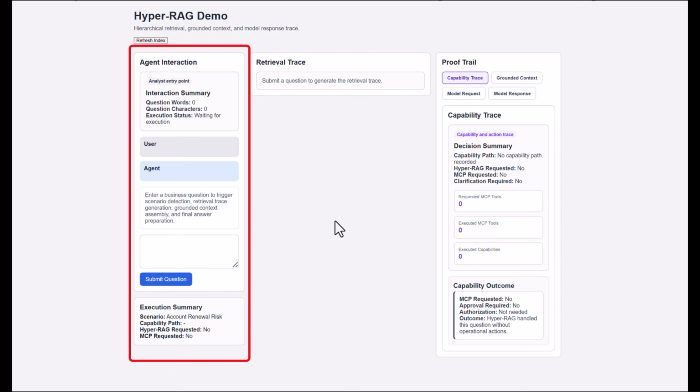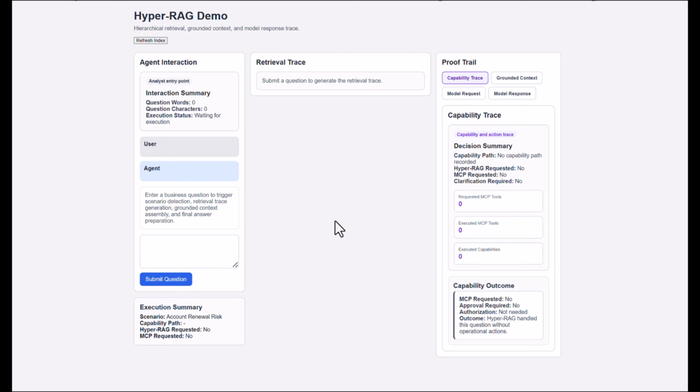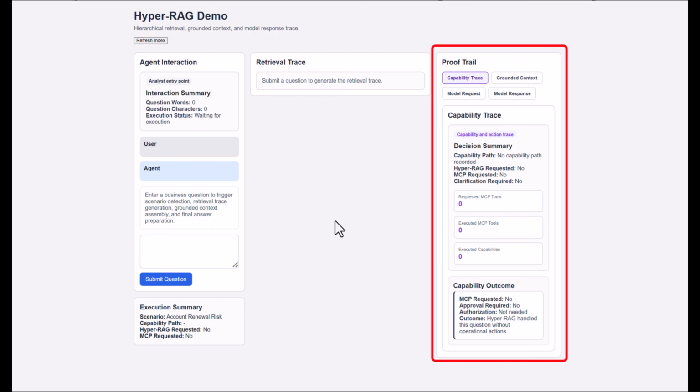On the left, we have the question and the final answer. In the middle, we have the retrieval trace, showing how the system found the relevant business context. And on the right, we have the proof trail, where we can see whether the system only answered or whether it also moved into operational action through MCP.